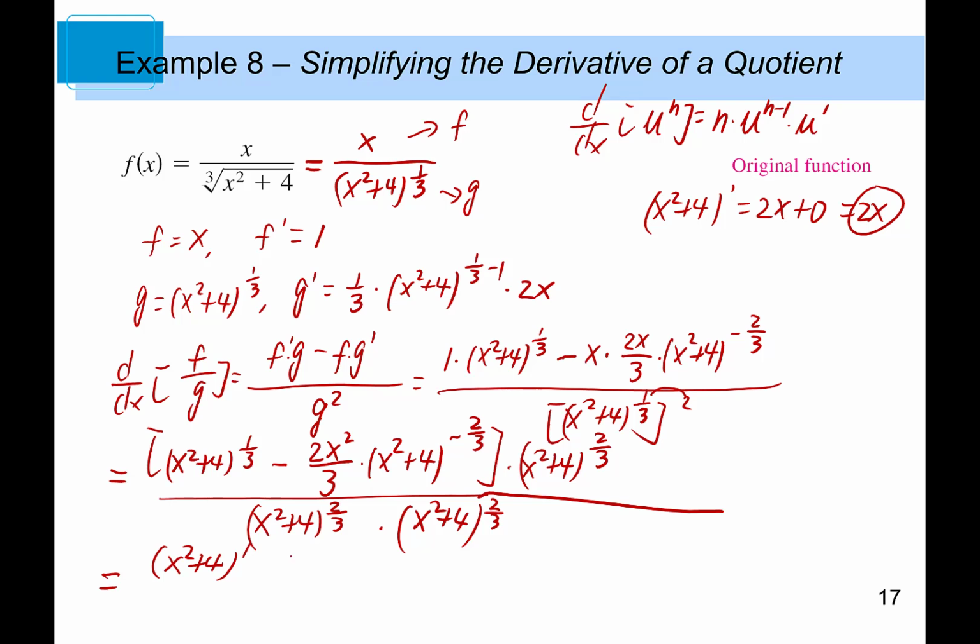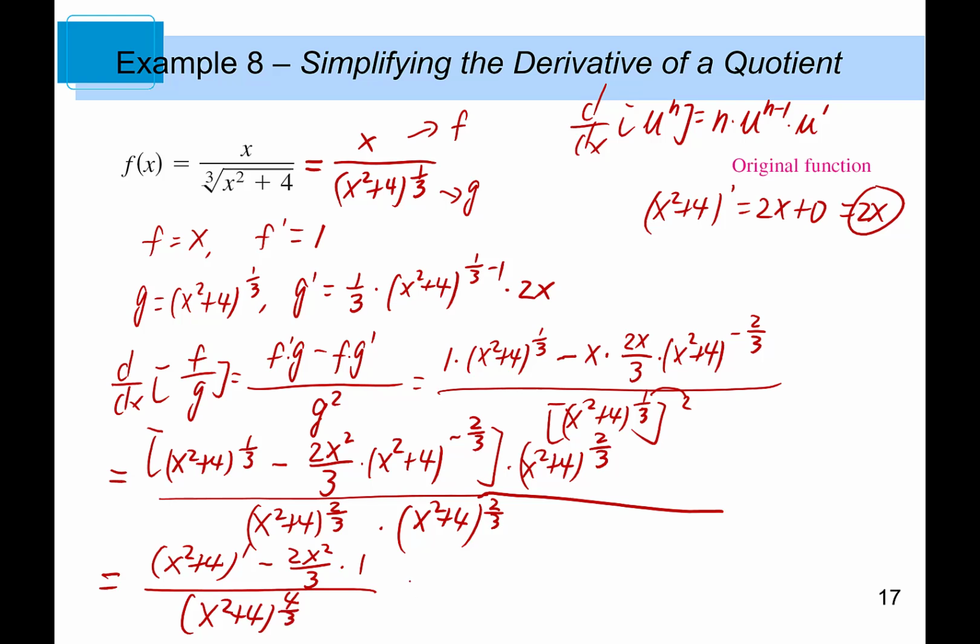The second term becomes 2x squared over 3, and the negative and positive exponents cancel each other, so we end up with 0. (x squared plus 4) raised to the 0 power becomes 1. Very good. So the denominator is (x squared plus 4) to the 4 over 3.